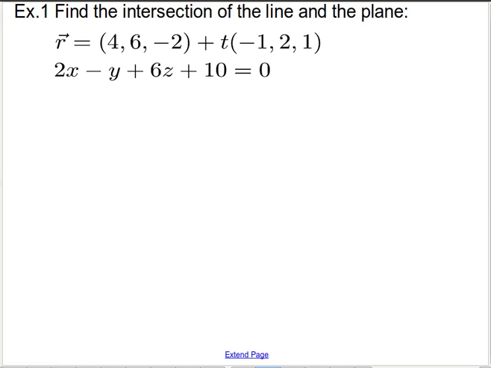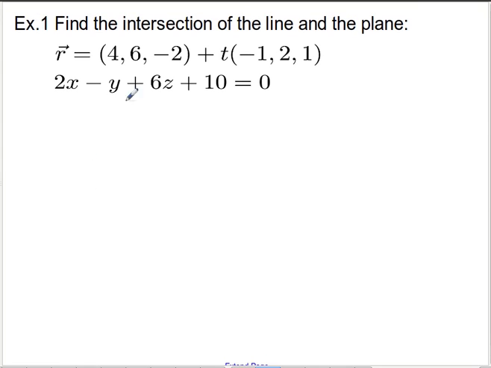So let's go back to that example that I was going to start with here, and I'm going to show you now that the algebra is actually very similar to what you've been doing so far. Find the intersection of the line and the plane. I give you a vector equation of a line, so we would call that the line L, and I've given you the Cartesian or scalar equation of a plane, and that is often given the Greek letter pi.